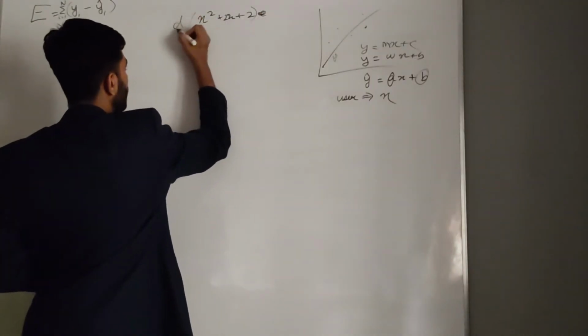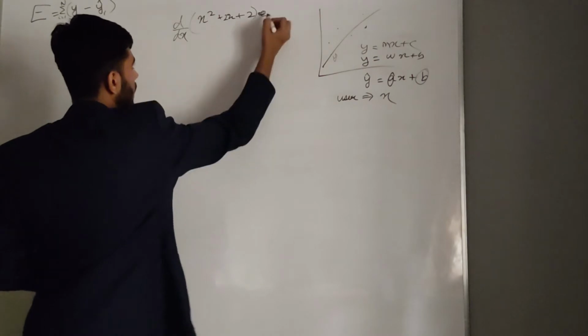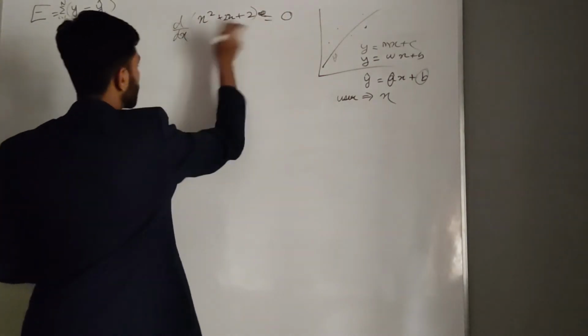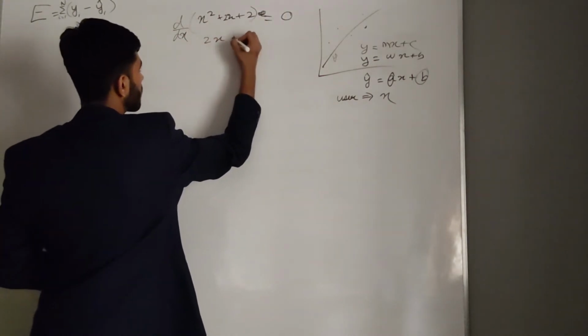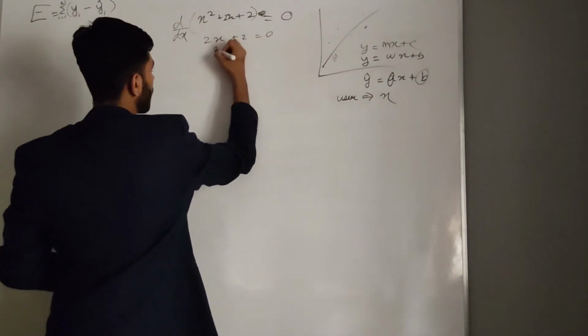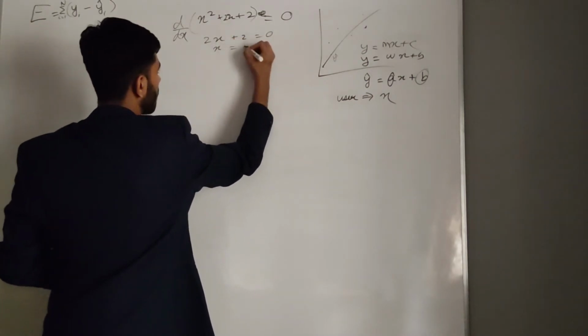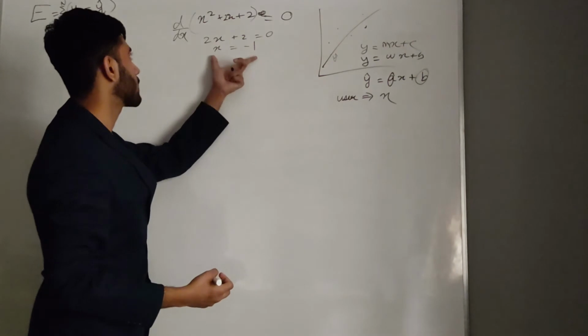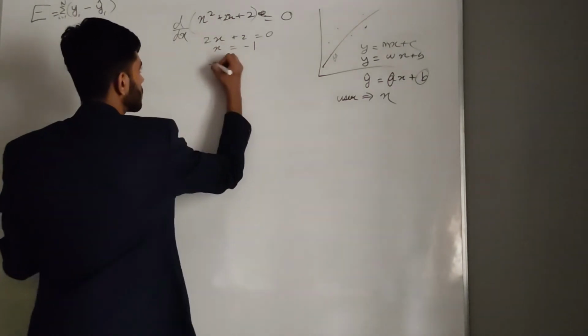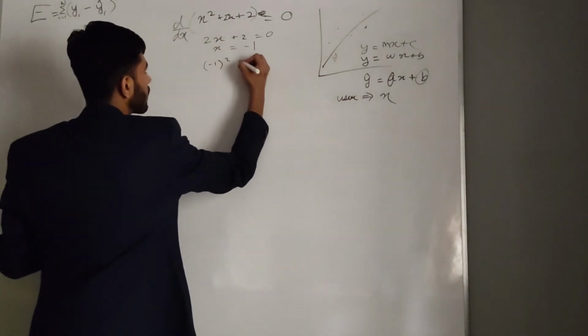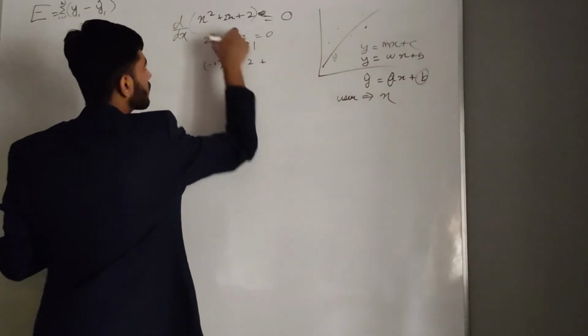So what we do is we differentiate the whole equation with respect to x and equate it to 0. By doing so, I'm going to get 2x plus 2 equal to 0, and my value of x as minus 1. So if I put the value of x as minus 1 here, I'm always going to get the least value of this equation.